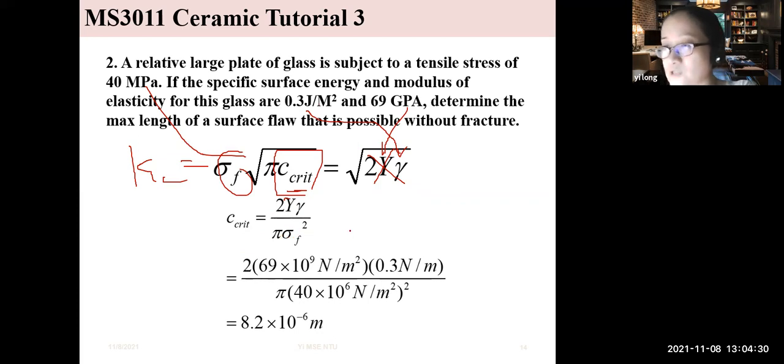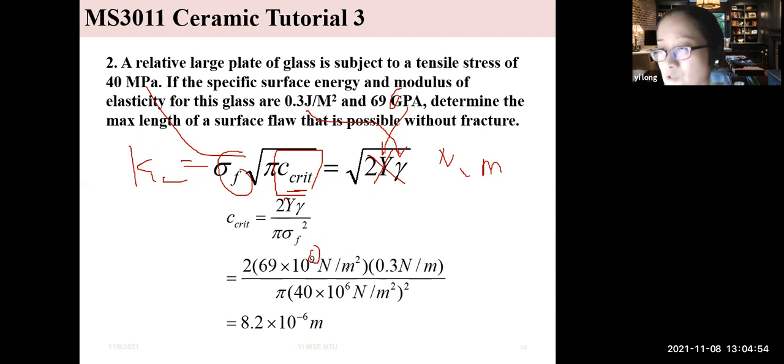Just make sure the unit is the same. I personally always prefer everything changed to Newton meter. Then I won't make mistakes. That's my way. You have your own way, but doesn't matter. So you can say 269 times 10 power 9, because it's giga, right?